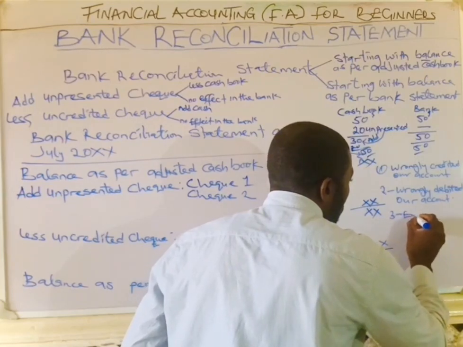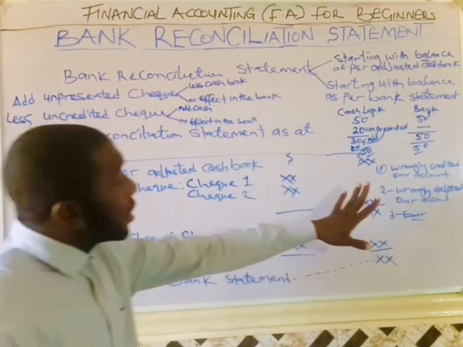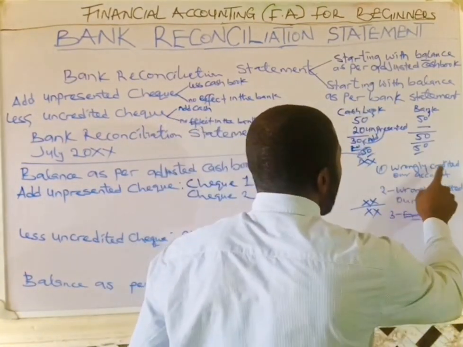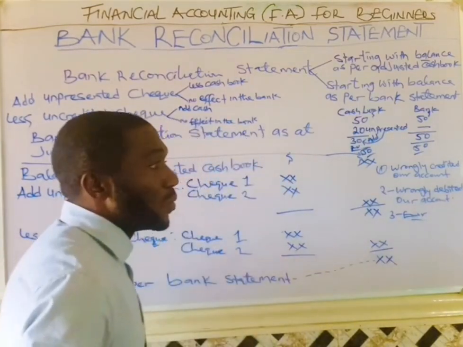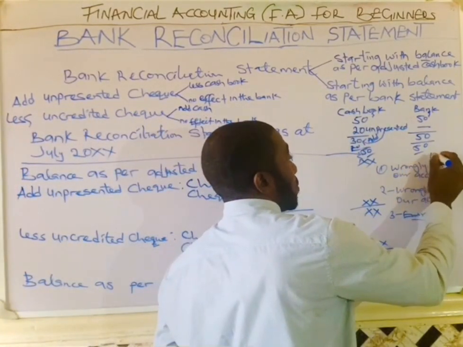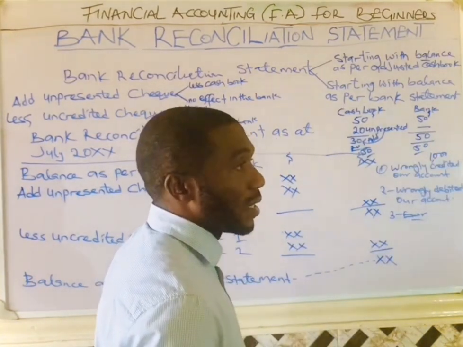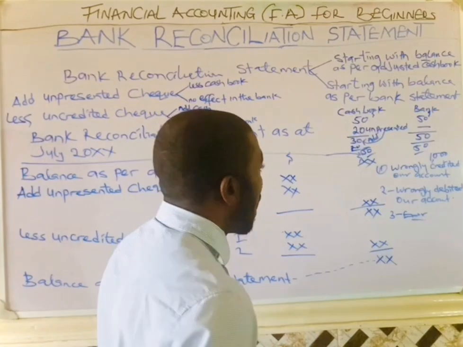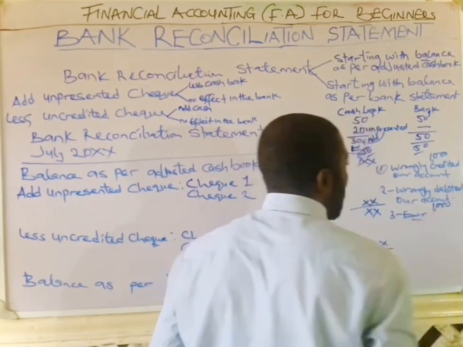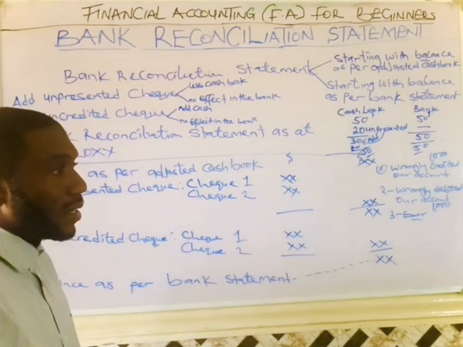Made an error. So, all is error, but I'll explain this error. They wrongly credited our account with a full amount, say $1,000 was wrongly credited in our account. And here, say full amount, $1,000 was wrongly debited in our account.